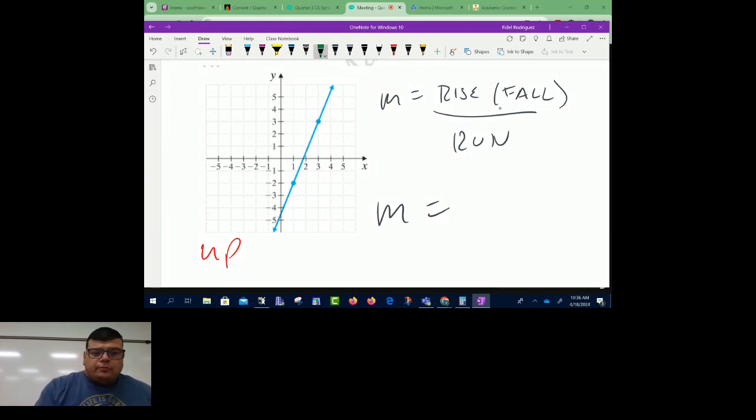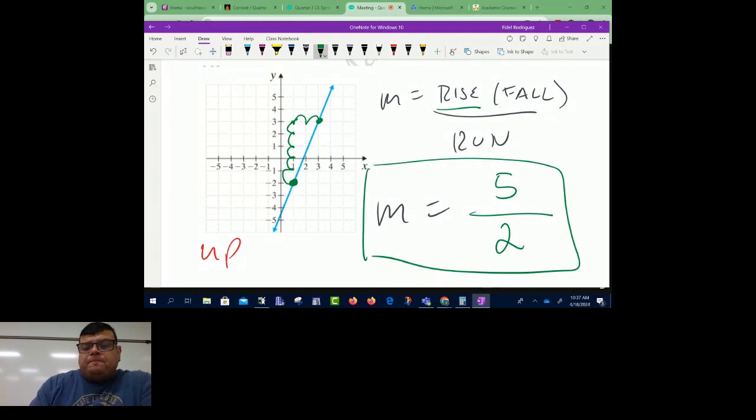I'm going to start at this point right here that they labeled for me, and I want to get to that point. Because it's a rise, my number on the top is going to be positive. I'm just going to count. 1, 2, 3, 4, 5. Boom, we went up 5. To the right, 1, 2. So 5 over 2. And there's the slope of my line, right?